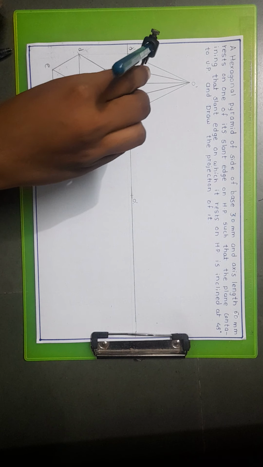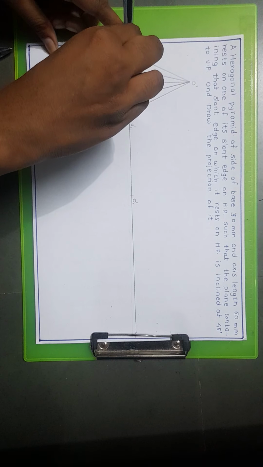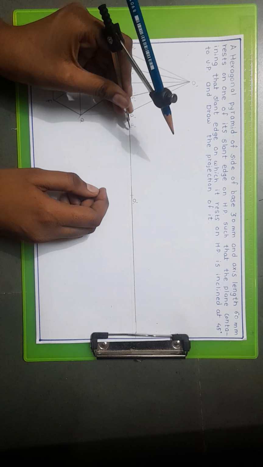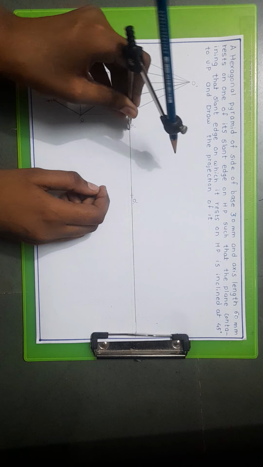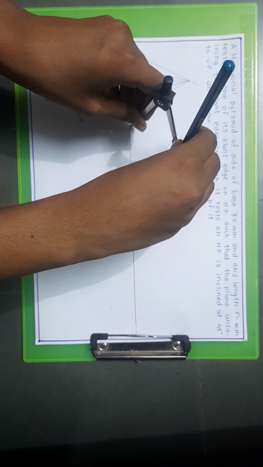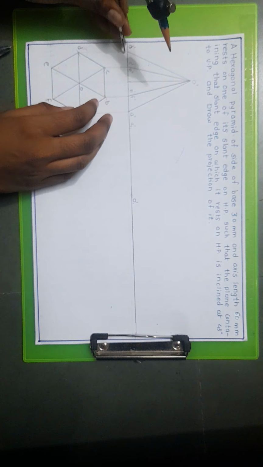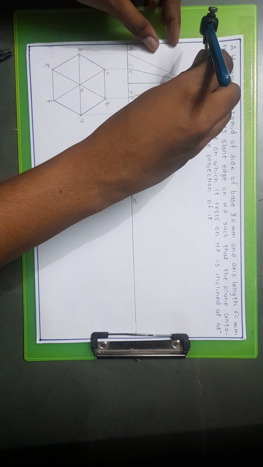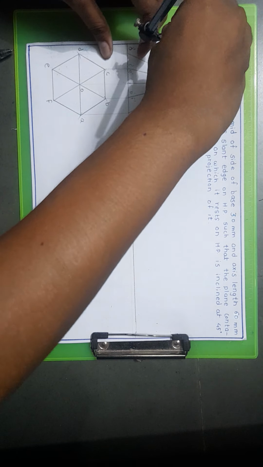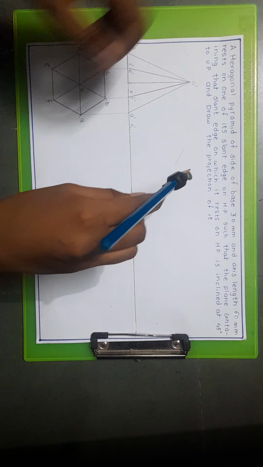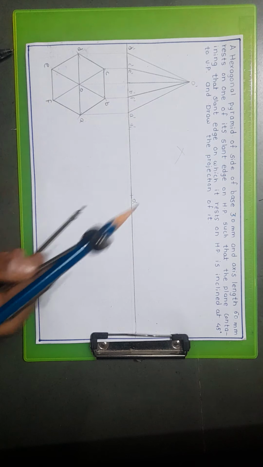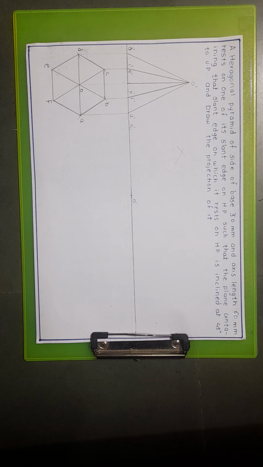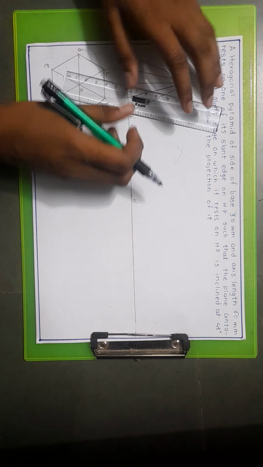Now from A dash to D dash, I will mark it here, and this O dash to D dash, yes, here it is O dash to D dash. I will join these intersecting points.